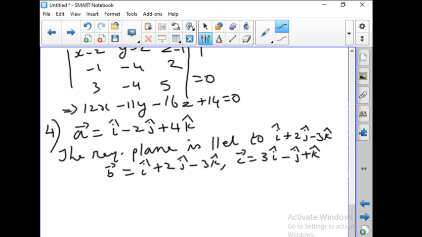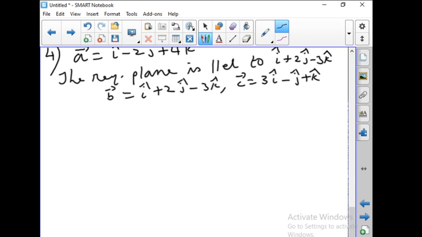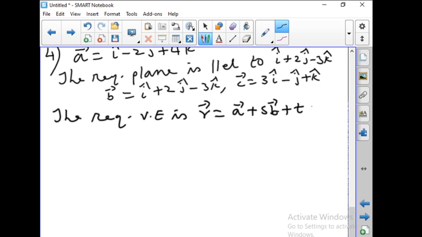Here it passes through only one point and is parallel to two vectors. Therefore the required vector equation is R vector is equal to A vector plus s B vector plus t C vector.